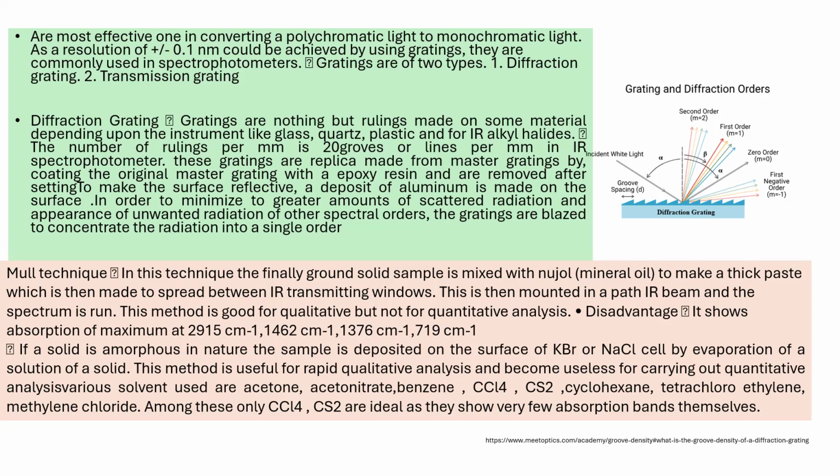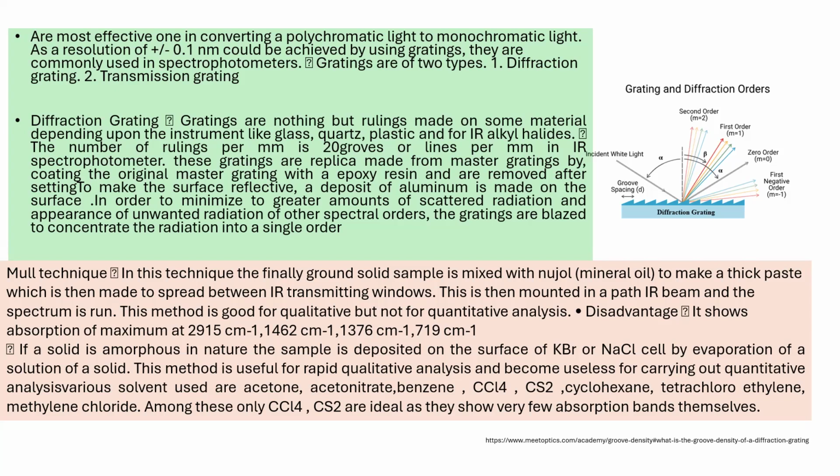The first technique is referred to as the mull technique. In this technique, the finely ground solid sample is converted to a very fine powder and mixed with a mineral oil, so you can generate a thick paste of it, which is spread between the IR transmitting windows. You can imagine the colorimeter and its sample holder.